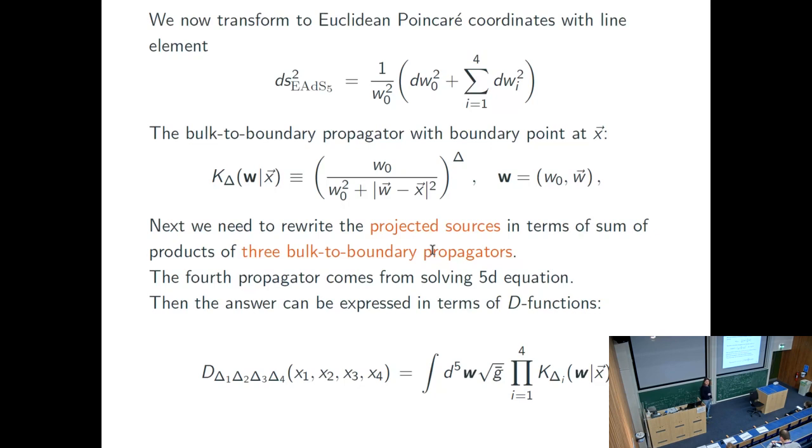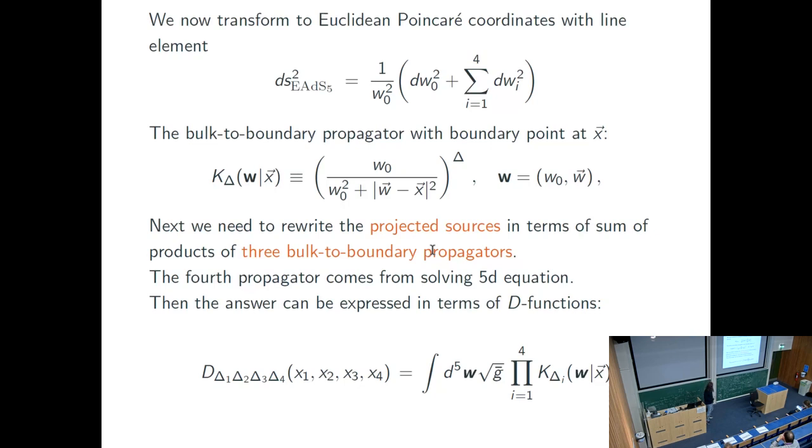To make the comparison of the 4-point correlator with the results in the literature, it's very convenient to express the answer in terms of standard D functions that usually appear in this business. To do that, we have to go from the global coordinates to the Euclidean Poincare coordinates, in which the bulk-to-boundary propagator is given by this expression.